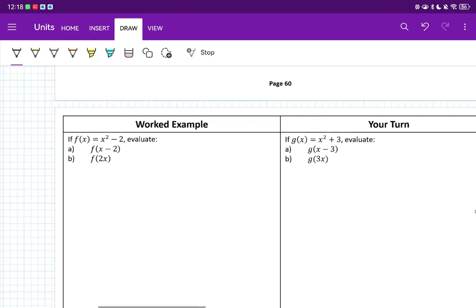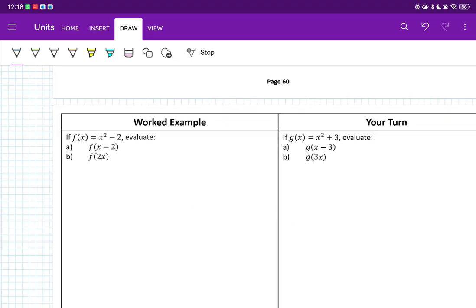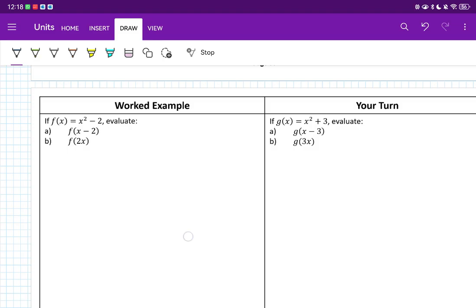Now these slightly harder ones, what we do is we just do what we've done before and take it literally. We just sub in the expression itself. So that becomes x minus 2 in the place of x squared, then subtract 2.